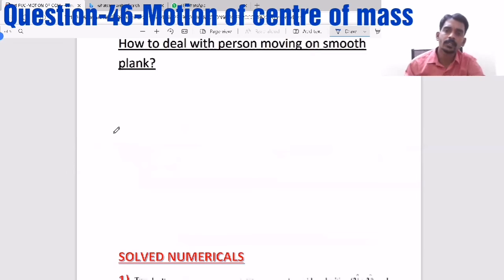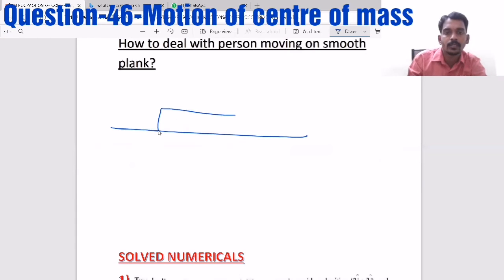Now, how to deal with a person moving on a smooth plank? Consider a surface with a plank placed on it, the length of the plank is L, and a person is standing here.